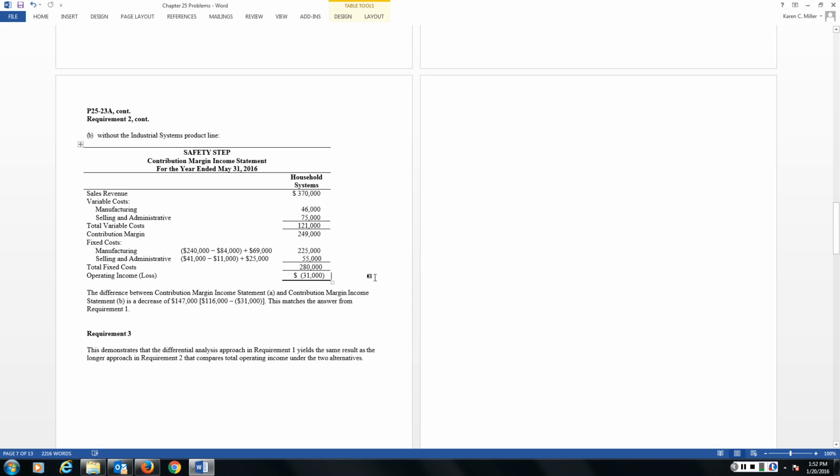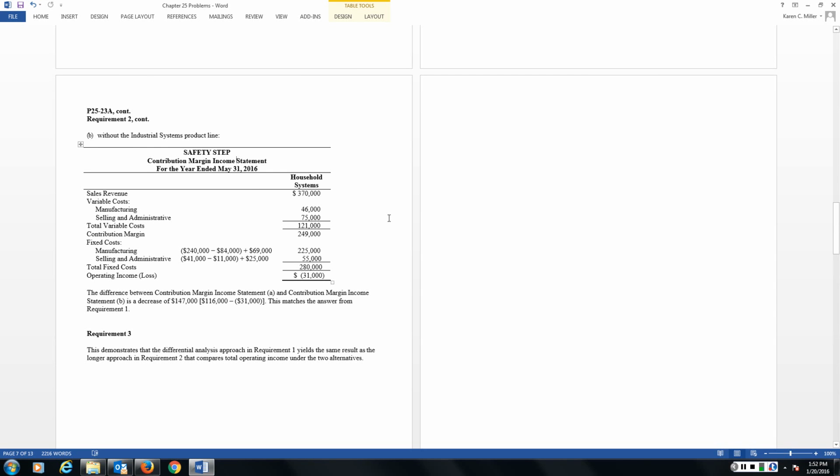So in this situation, we see, even though we're generating $249,000 in contribution margin, that is not enough margin to cover household's fixed cost and industrial systems' unavoidable fixed cost. So we show a $31,000 operating loss for our safety step as a whole if we discontinue the industrial segment.